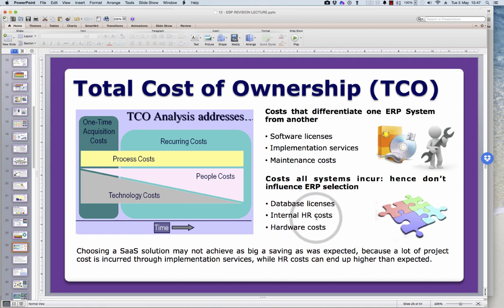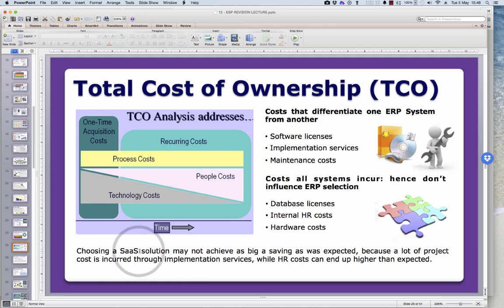Internal HR costs, they'll be pretty much constant, as opposed to bringing on other people to work on the project when you go full scale with it. And hardware costs, you're pretty much going to find the hardware is similar between, for example, SAP and Oracle in terms of cost.